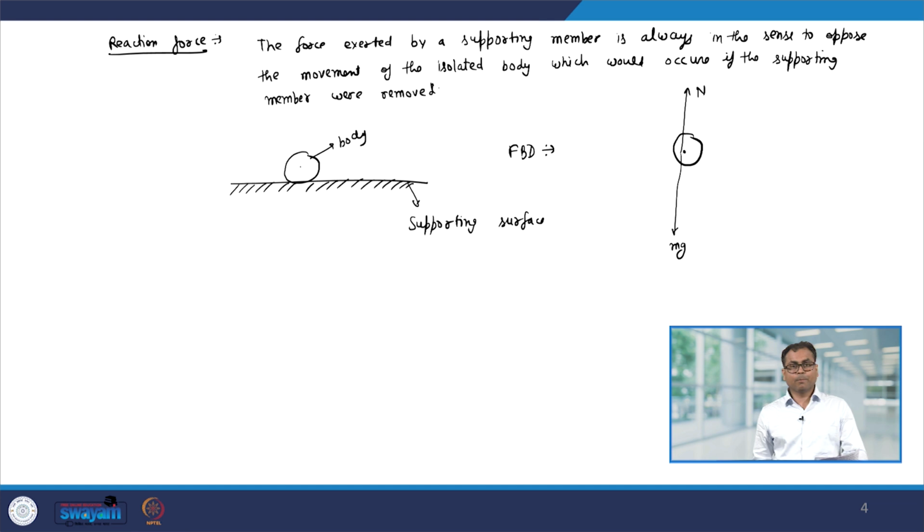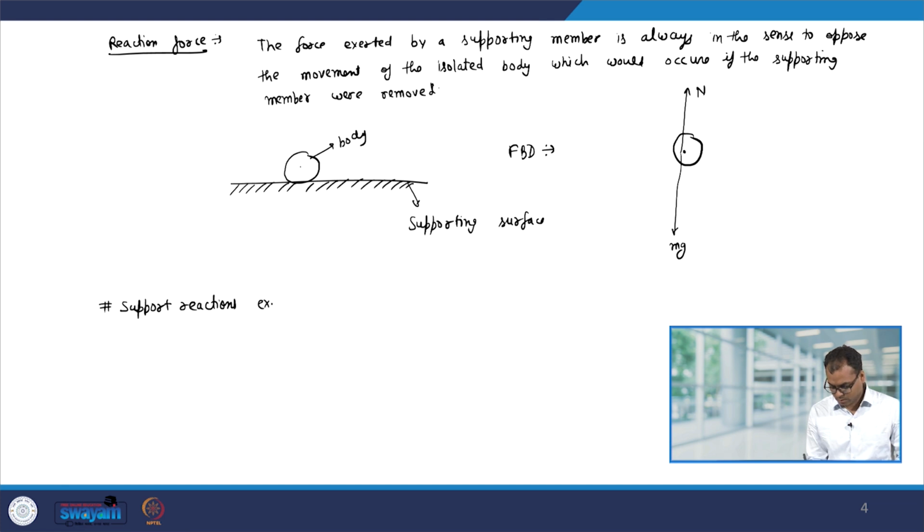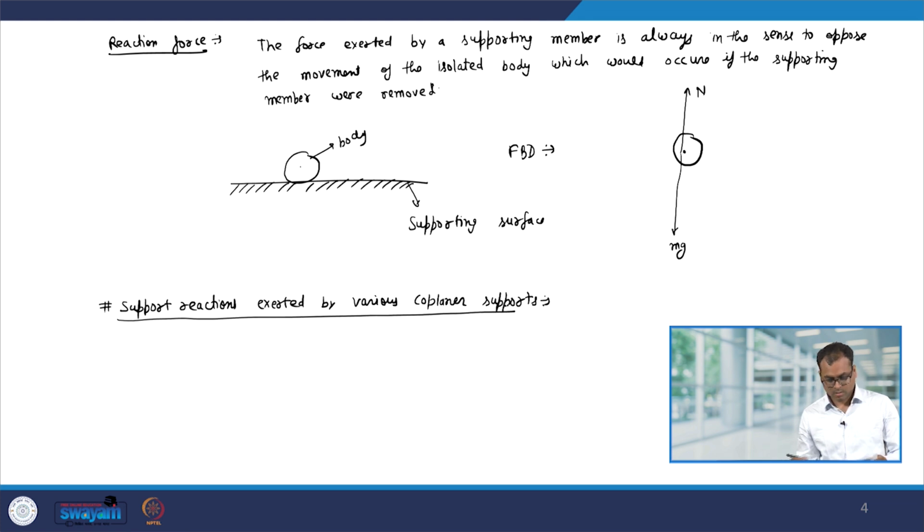Now, let us look at the support reactions exerted by various supports. So, herein we can have different examples, the support reactions can be applied by different means.